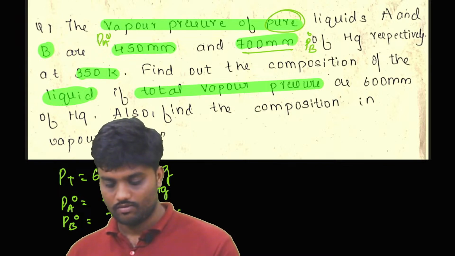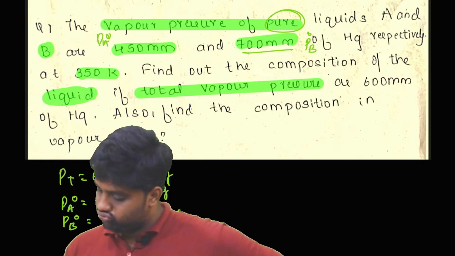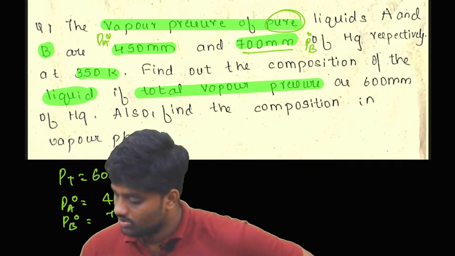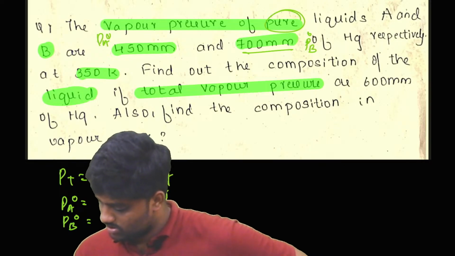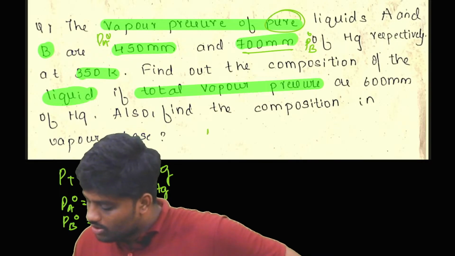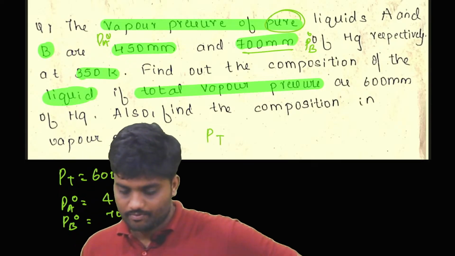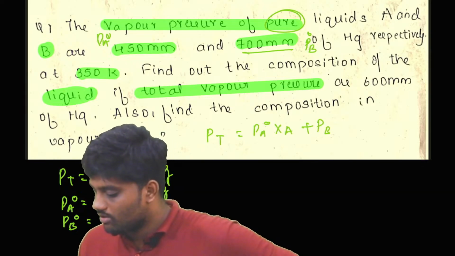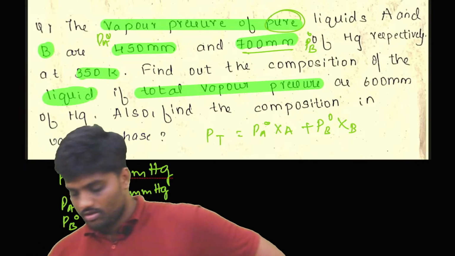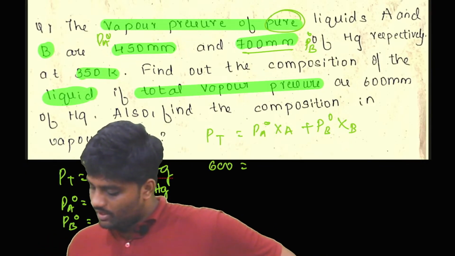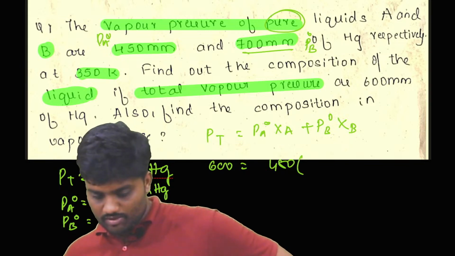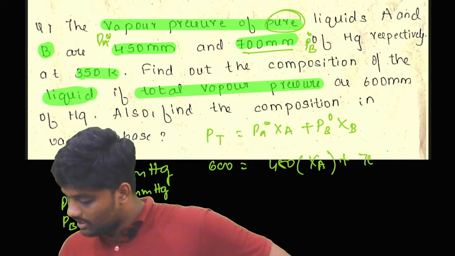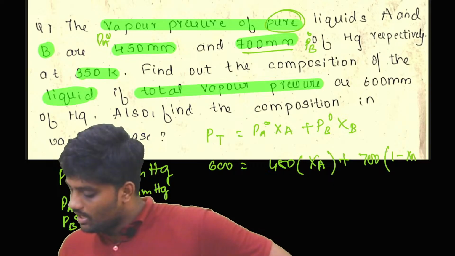How are you going to do it? Composition means xA and xB. Total is equal to PA naught xA plus PB naught xB. Here total they have given as 600, PA naught is 450, xA is unknown, plus PB naught is 700 into 1 minus xA.